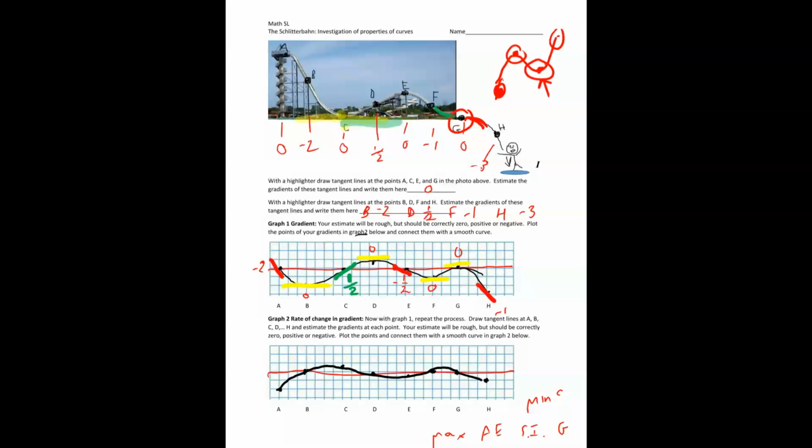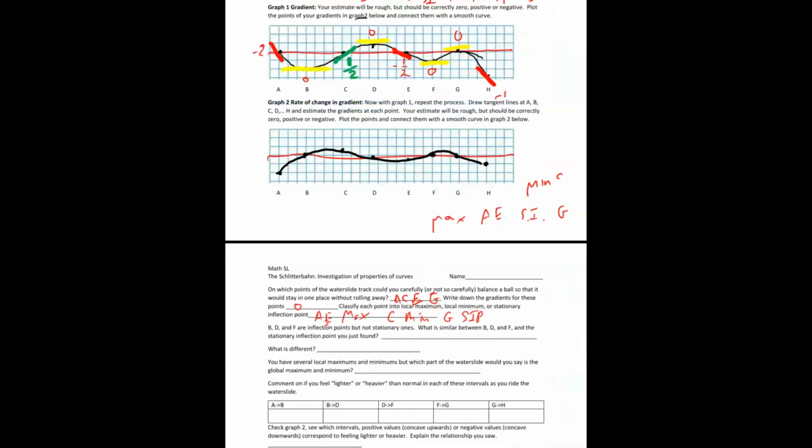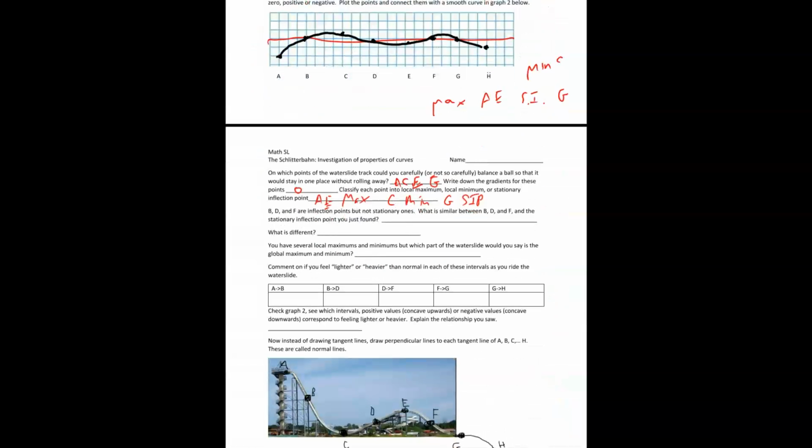So if you look at B, D, and F, those are on slopes. Even though they're similar to G in that they change curving direction, they are not stationary points where you can place a ball and it won't roll away immediately. So that is the difference between a stationary inflection point and an inflection point.